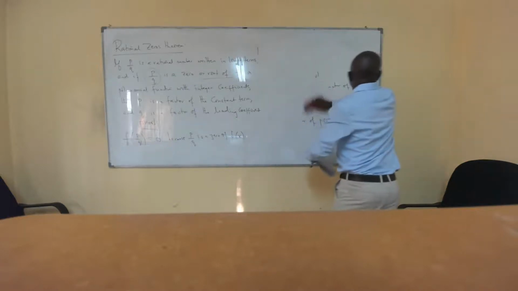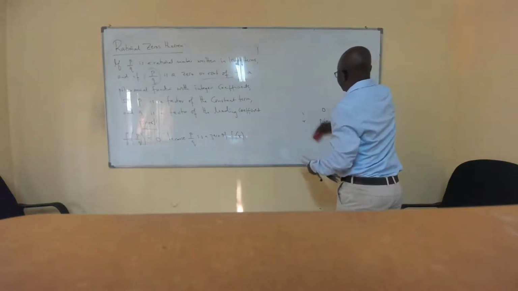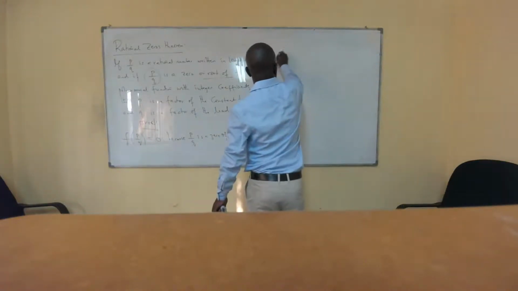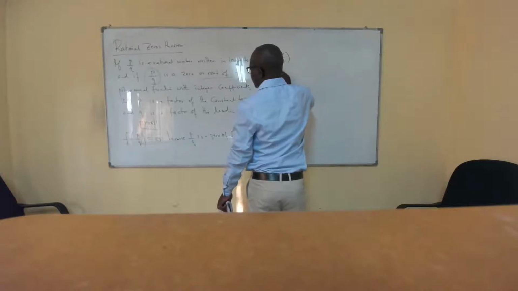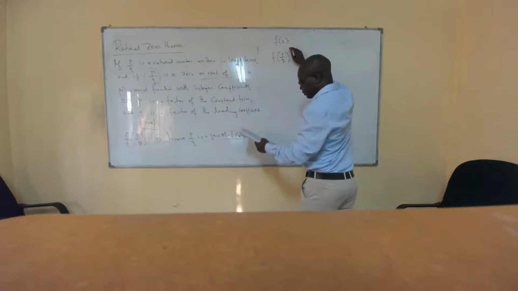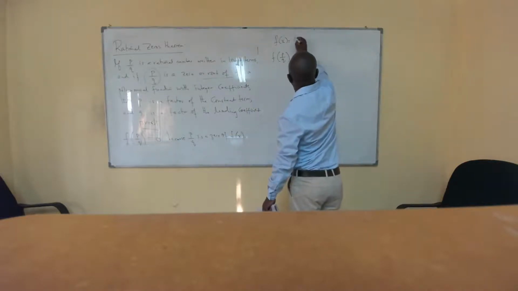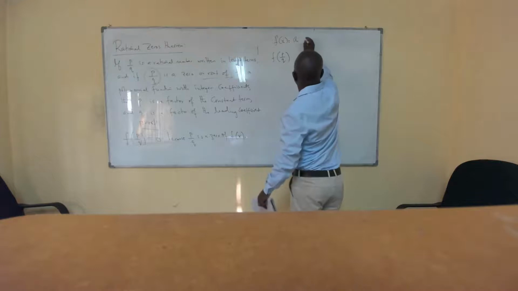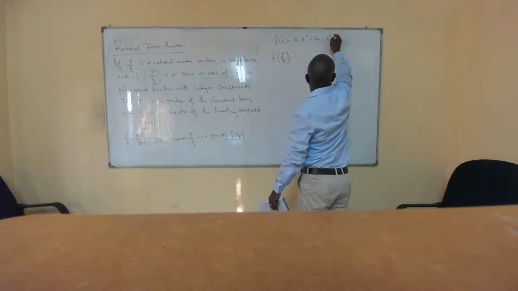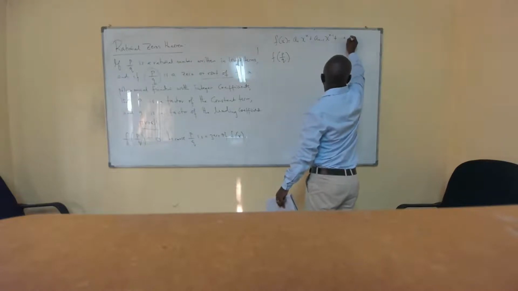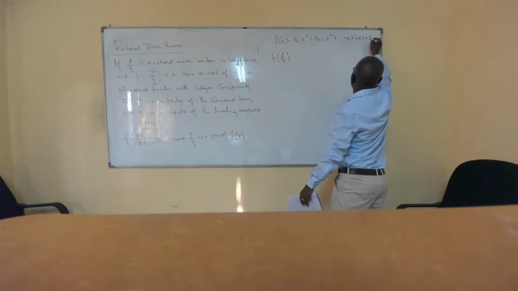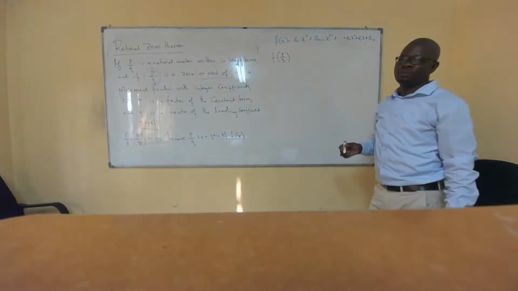Now let's see what it takes us to. F evaluated at p over q, remember the polynomial is a_n x to the power n plus a_(n-1) x to the power n minus 1, and so on, plus a_2 x squared plus a_1 x plus a_0. So this is the form of a polynomial.